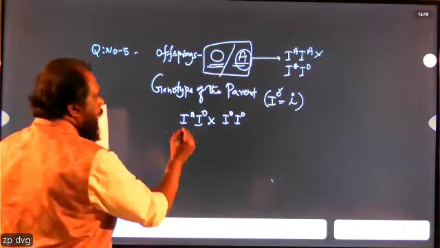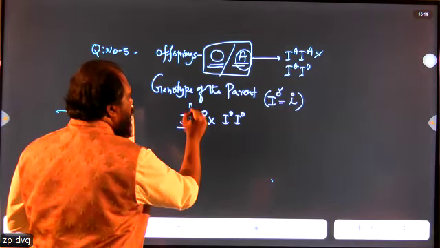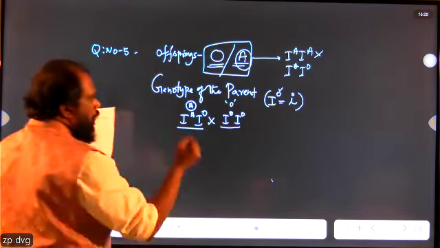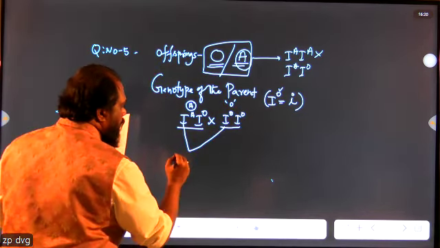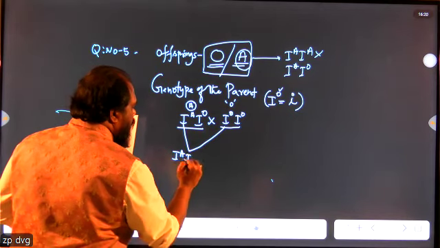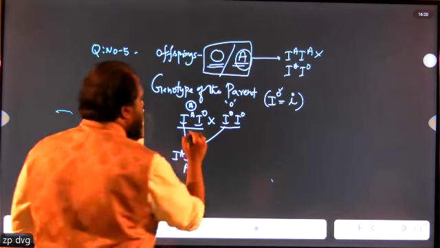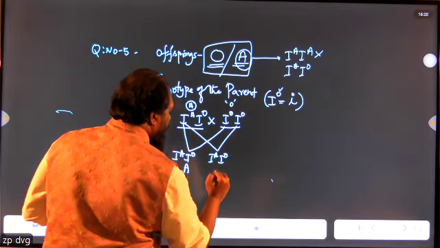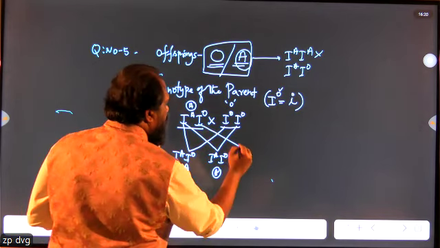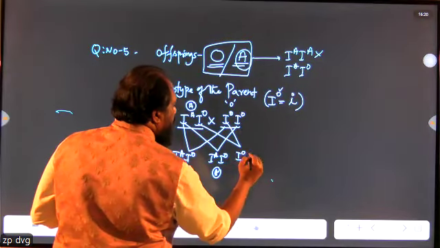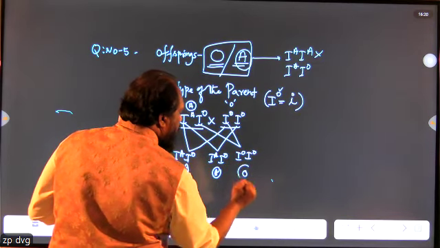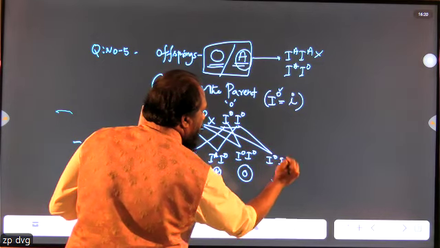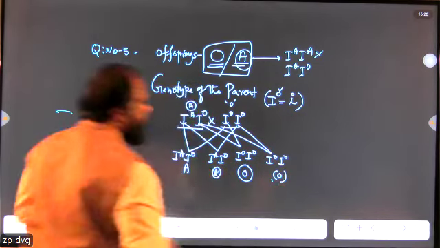So if the parents are IA IO, A blood group, and IO IO, O blood group, then when you cross them, you will get IA IO, which is A blood group, IA IO, A blood group, IO IO, O blood group, IO IO, O blood group. Understood?